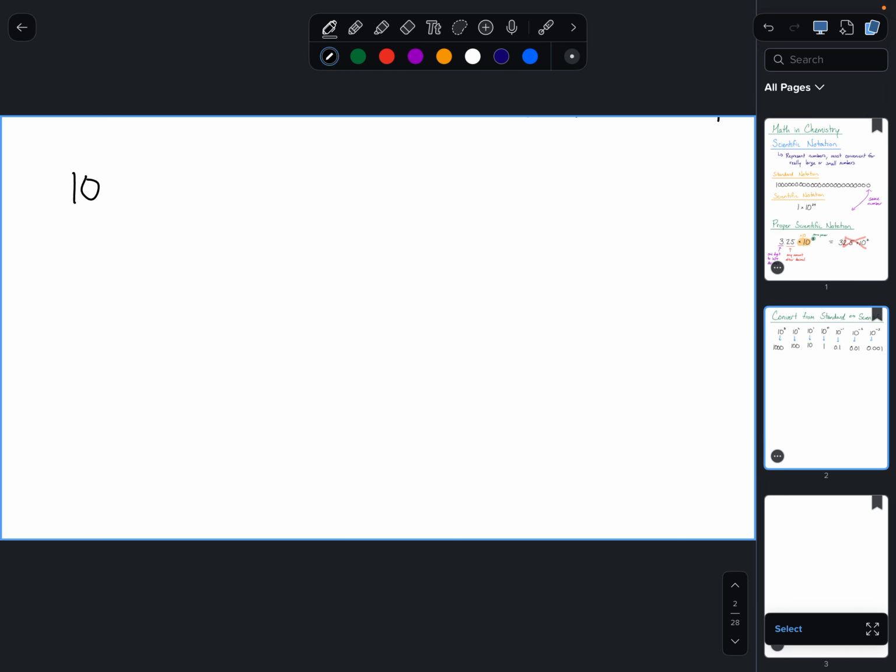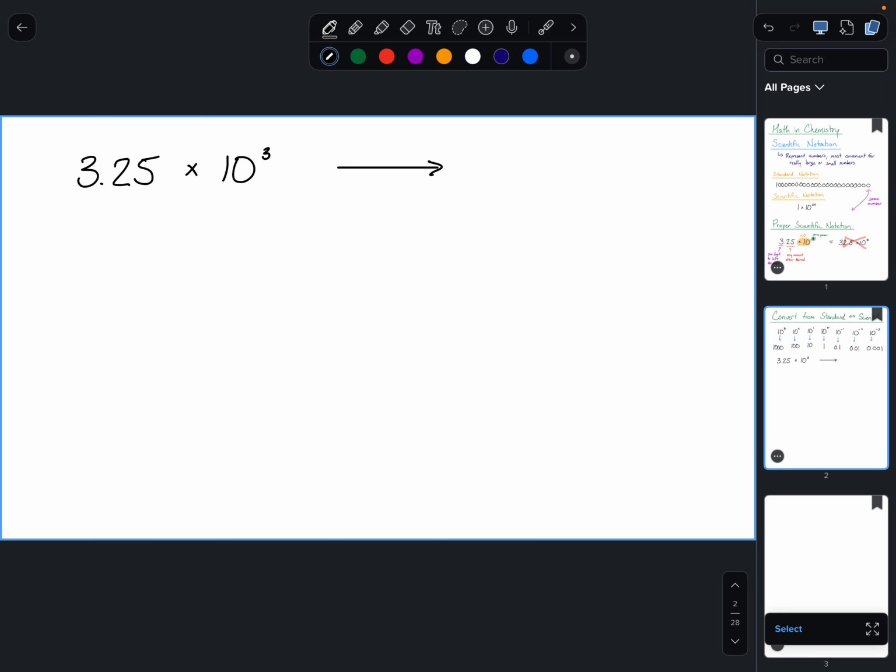All right, so let's now work on our converting here. We're going to take 3.25 times 10 to the 3. This number here is in proper scientific notation. I'm going to convert it into standard notation.